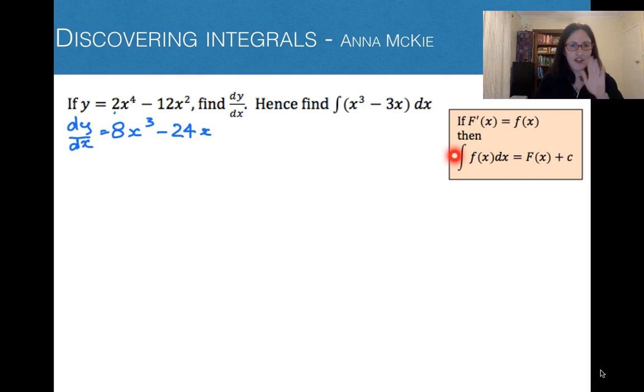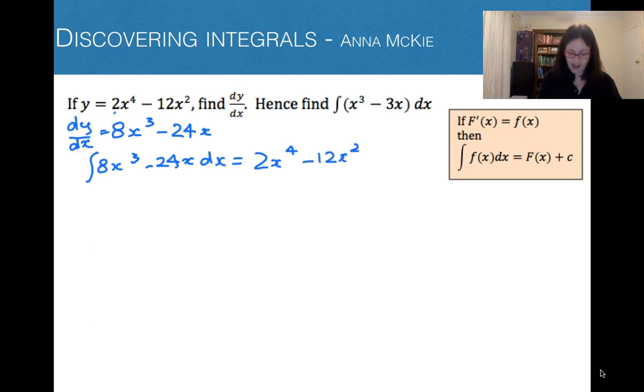Do this before you do anything else. So you now rewrite that exact same derivative with an integral. So the integral of 8x cubed take 24x, now put the dx on the end, is equal to the function that it came from: 2x to the power of 4 take 12x squared, and plus c.